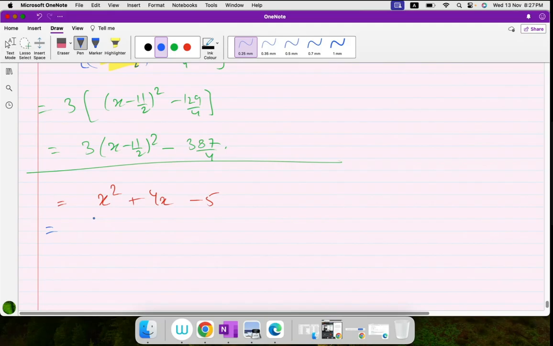We will take x square first and then the 4 and 5. We first write these two and give some space. Now, what should I write as squares?